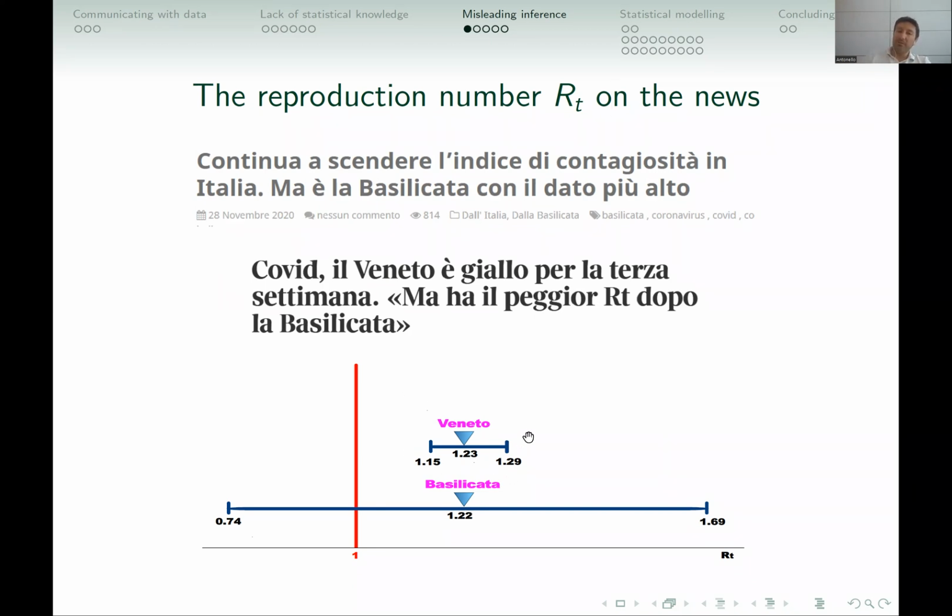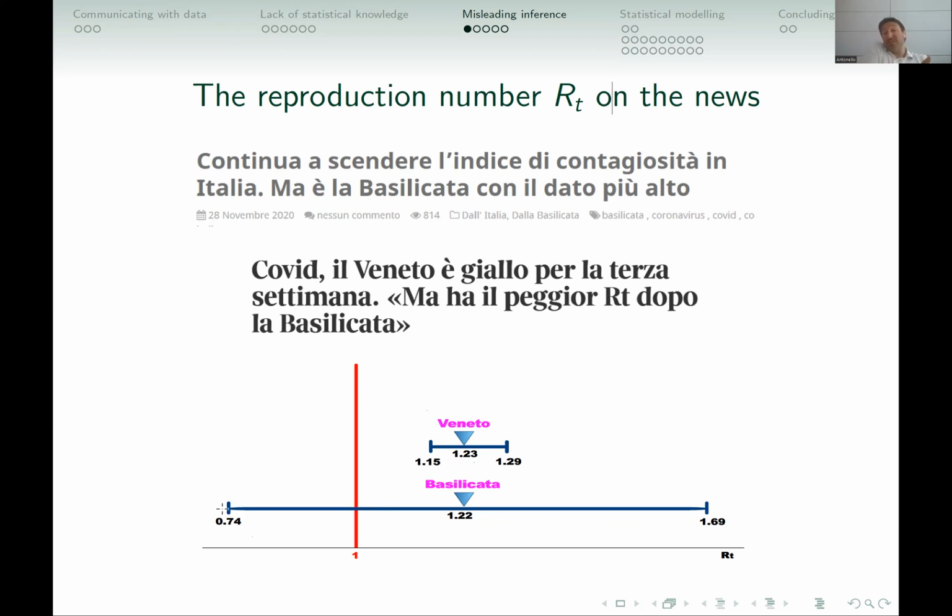For Veneto, the entire interval is above 1. So the reproduction number in Veneto is statistically greater than 1, so the epidemic is spreading, is growing. In Basilicata, this was not the case, because the credible interval includes the value 1.